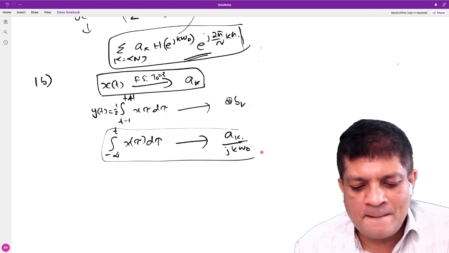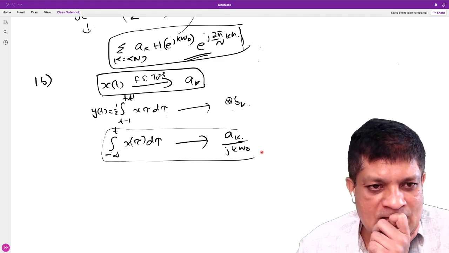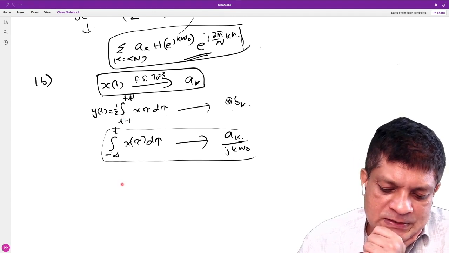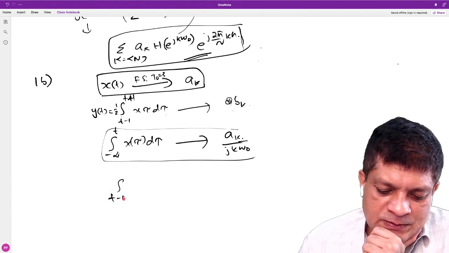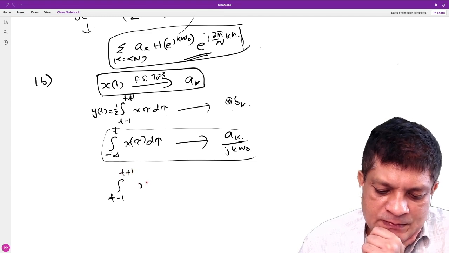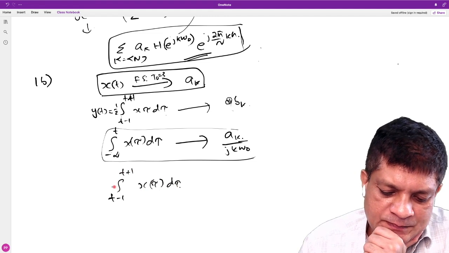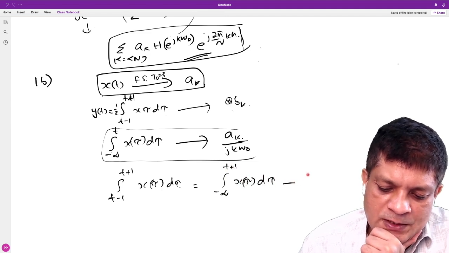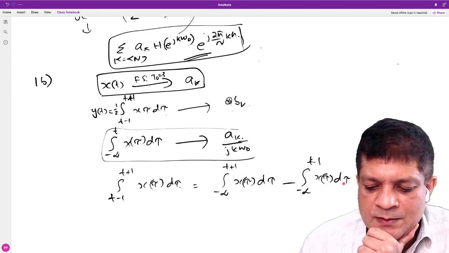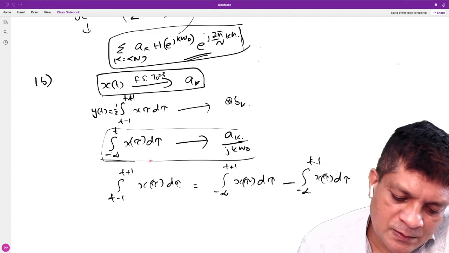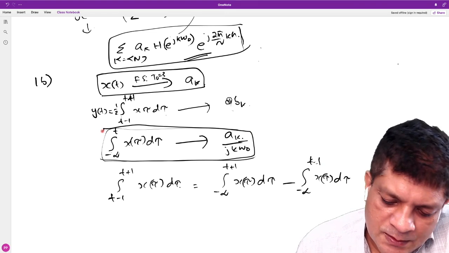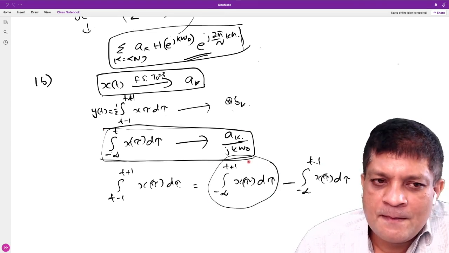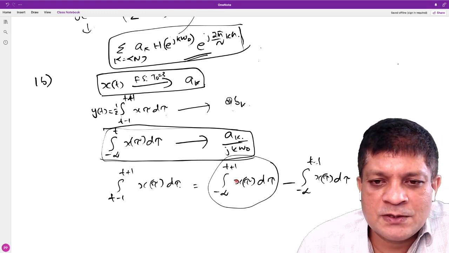Using the integration property, can we write this as the integral from t minus 1 to t plus 1 as the integral from minus infinity to t plus 1 of x(tau) d tau minus the integral from minus infinity to t minus 1 of x(tau) d tau? If we know the Fourier series coefficient of this one, then what about this? Is this a shifted version of this?